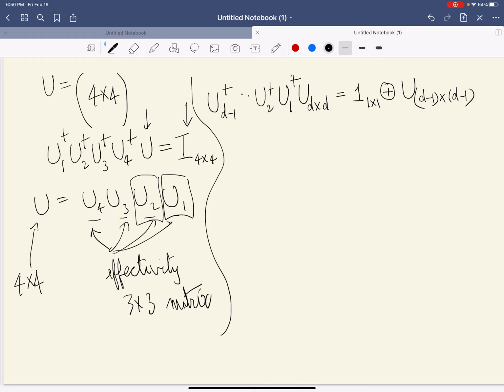Okay, and then you can apply the same logic recursively to the unitary matrix that has effectively one lower dimension.